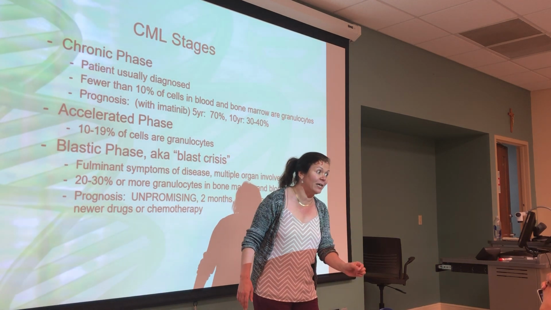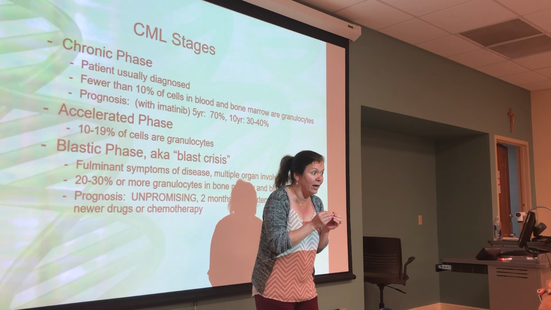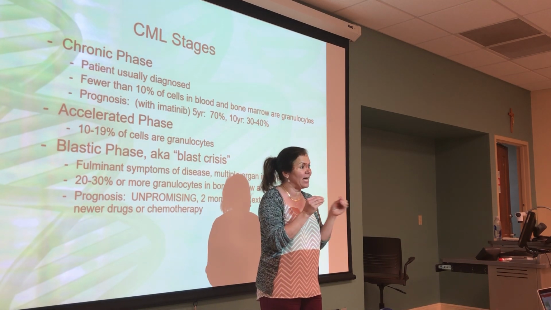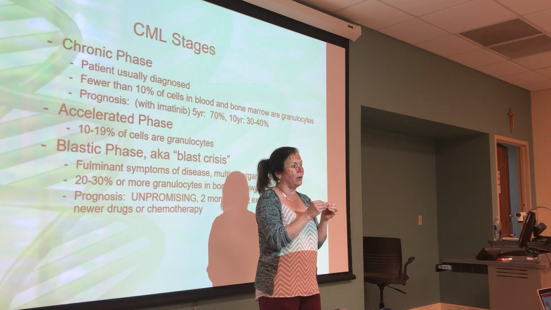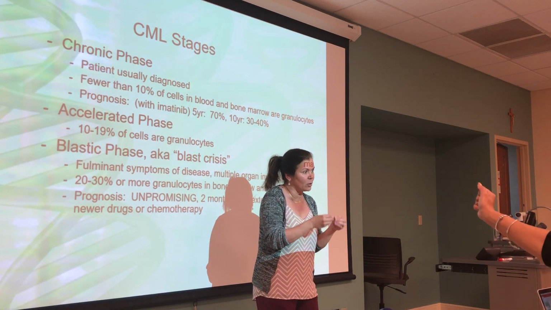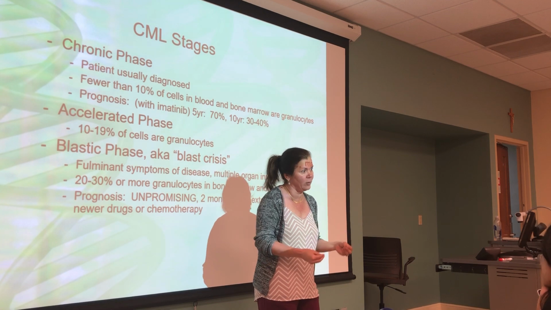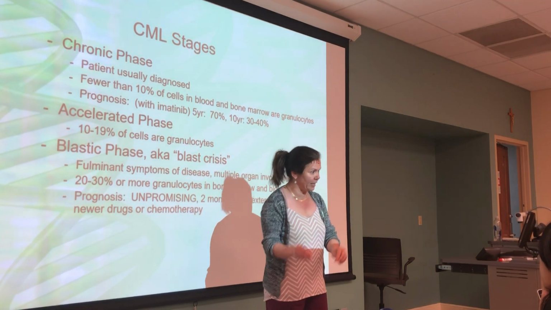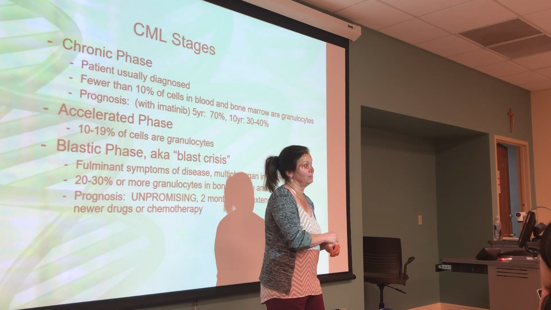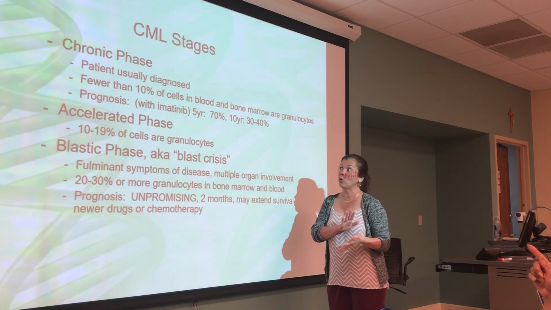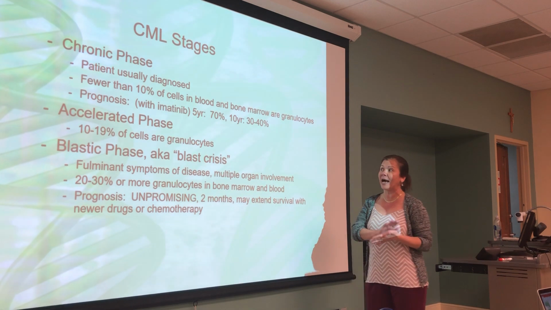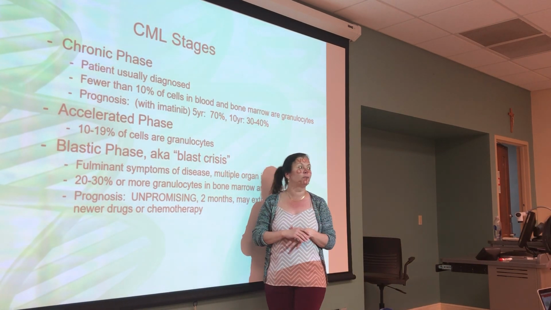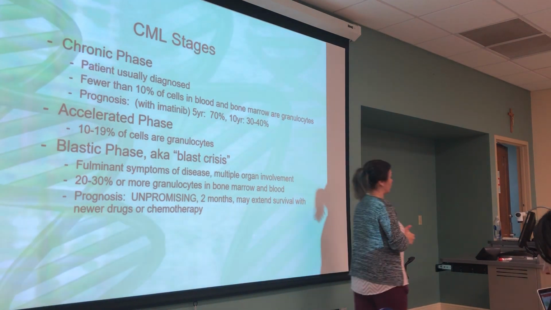It could prevent it, but if the amount of immature cells is so low that the chances of them going into oncological emergencies and crises are very, very low as well, you're going to produce more damage due to the complications than benefits to the patient. And then you can't go back. Exactly. So once the cellularity goes higher than that, like 20%, patients are high risk for fulminant symptoms or blast crisis.